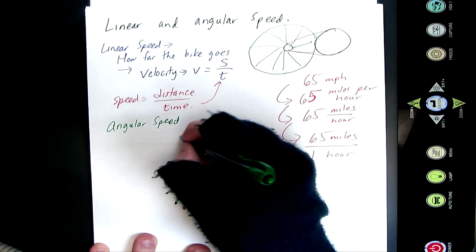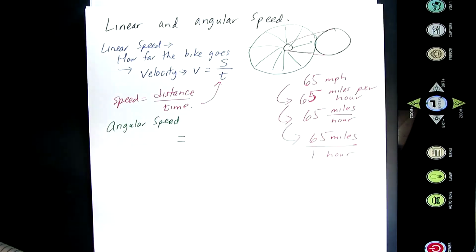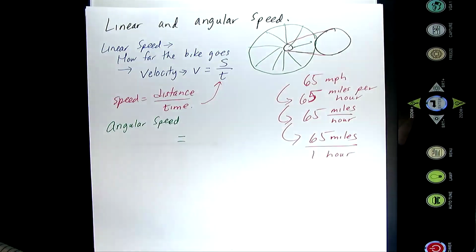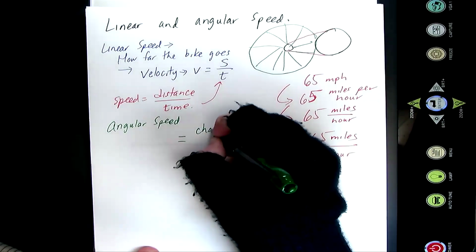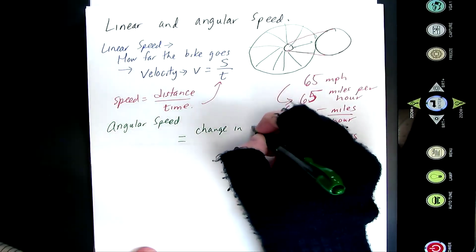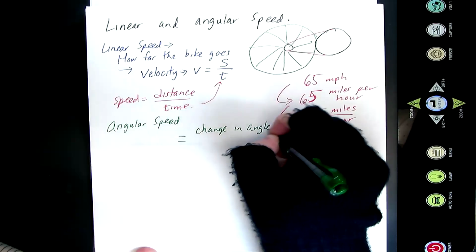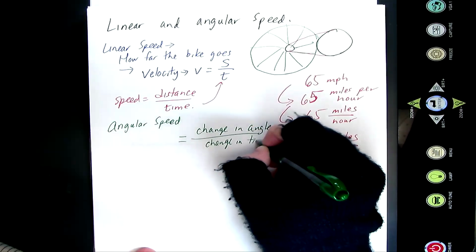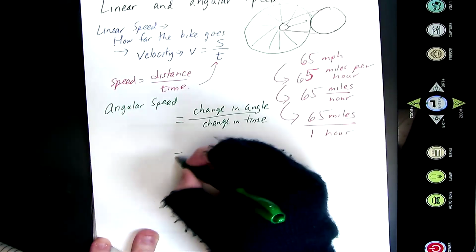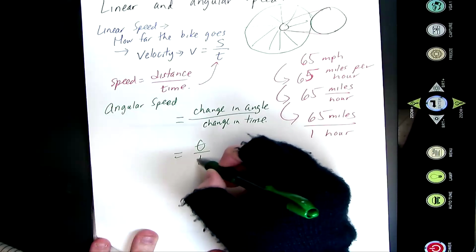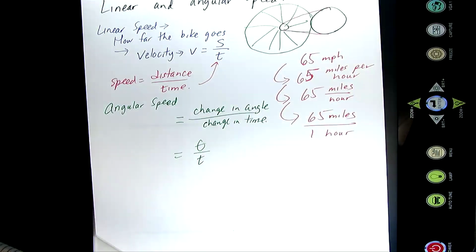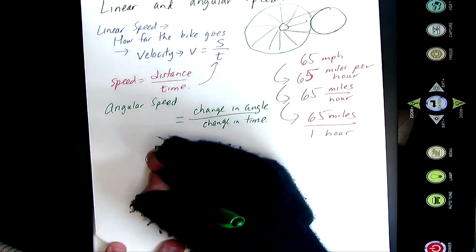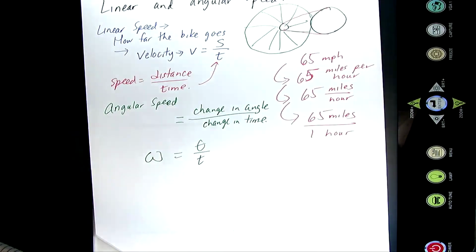We're more worried about the angle. How much has the angle changed over time? Change in angle over time. Well, we use theta for angle and we use t for time. And the letter we use to represent this is a fancy W.